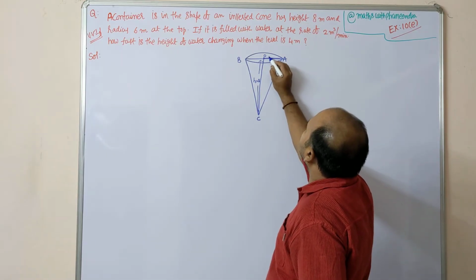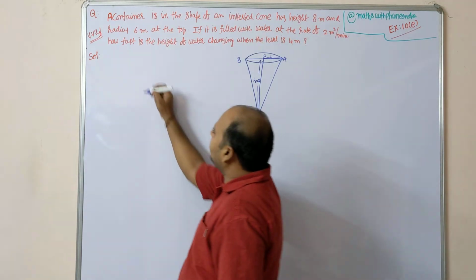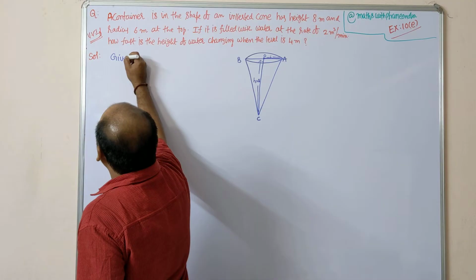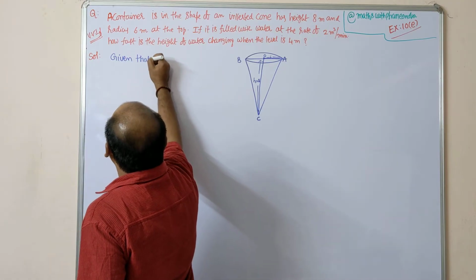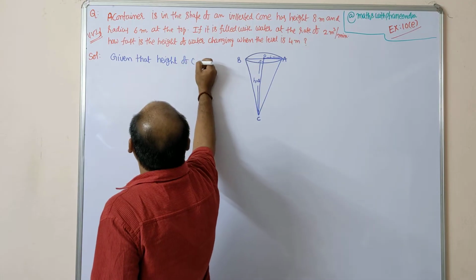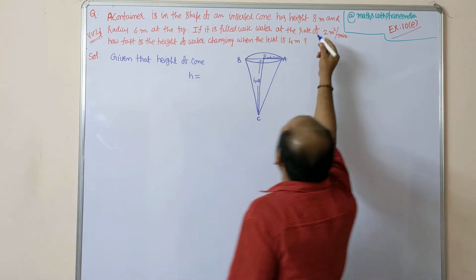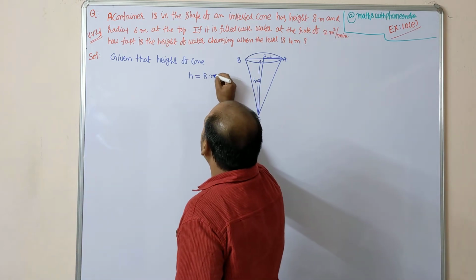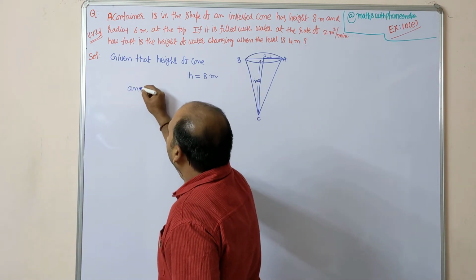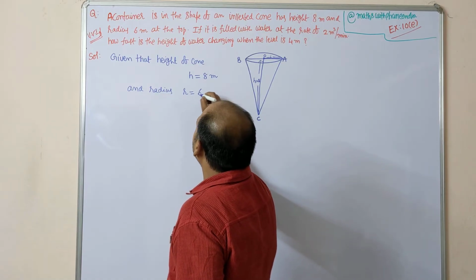And radius is equal to 6. So given that height of the cone h is equal to 8 meters, and radius r equal to 6 meters.